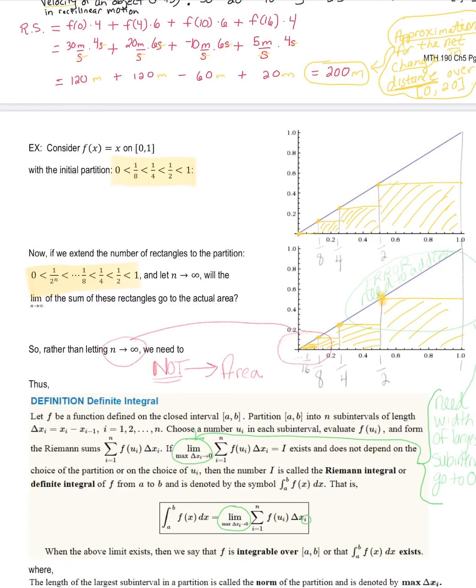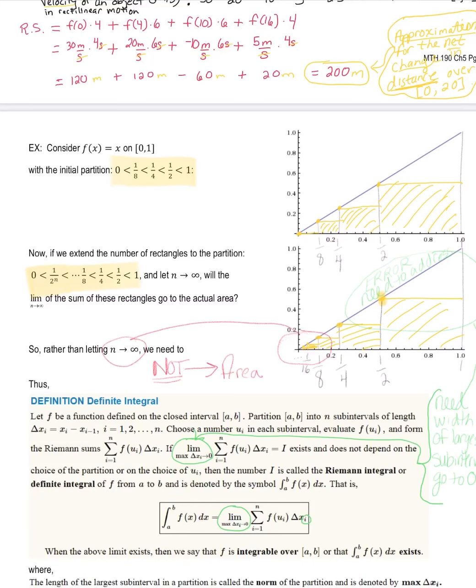And for right now, just think of the dx as representing, remember when we talked about differentials, dx and delta x represented that change in x. So right now you can think of that dx as being this change in x, the width of x, and the f of x, well, in this case, the f of u sub i. So it's this elongated sum from a to b of the f of x's times the dx, and then the notation is now equal to this definition of the limit of the Riemann sums.